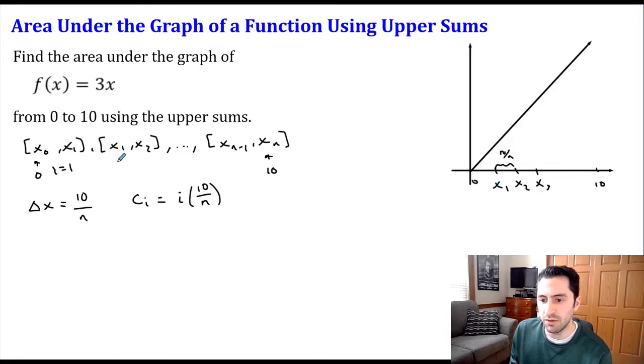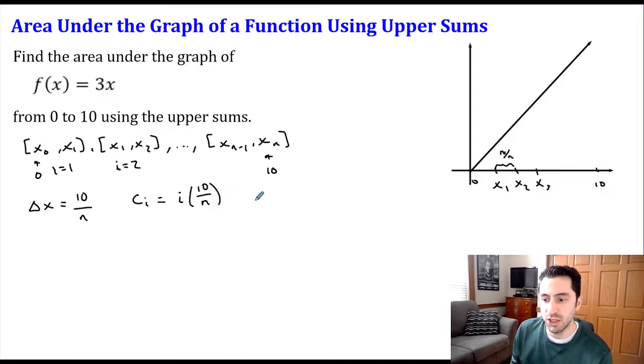For the second interval, this is when i is equal to 2. I want the rightmost point, which is at x sub 2. That length from the origin is 10 over n, and then another 10 over n. So 2 times 10 over n gives me that x value. And we could keep going.